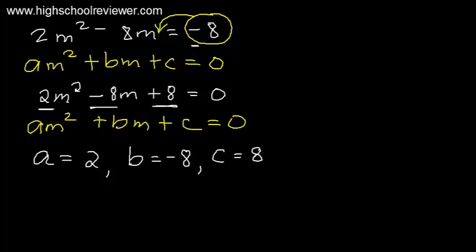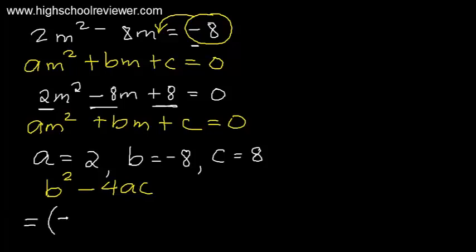So to determine the nature of the roots of the quadratic equation, let us now find the value of the discriminant, or b squared minus 4ac. Again, this is the discriminant, b squared minus 4ac.